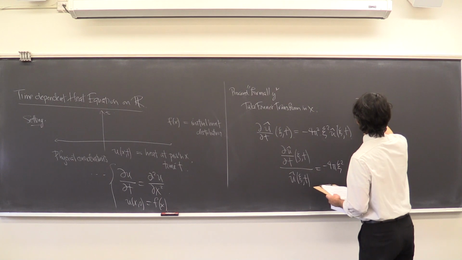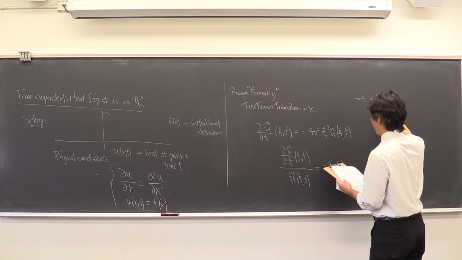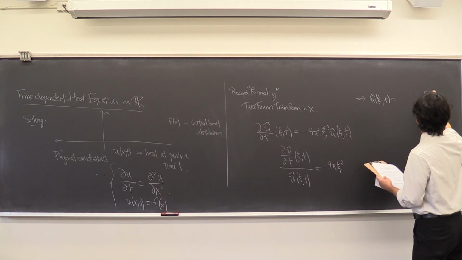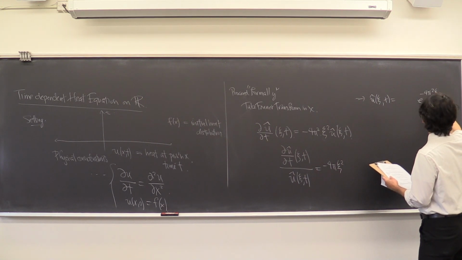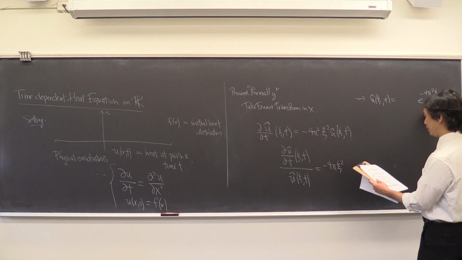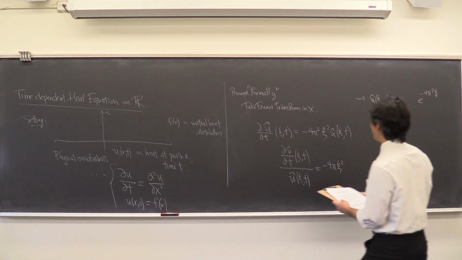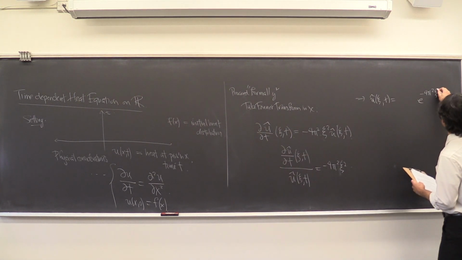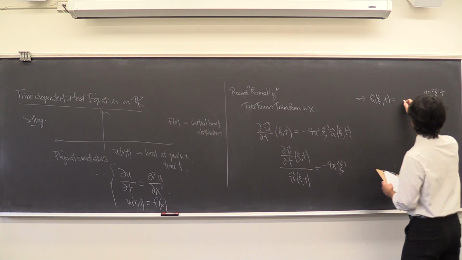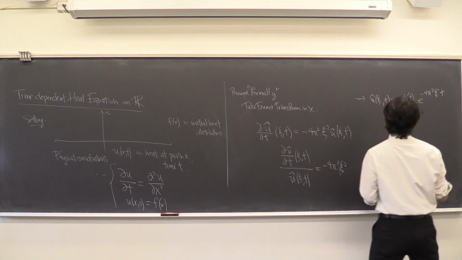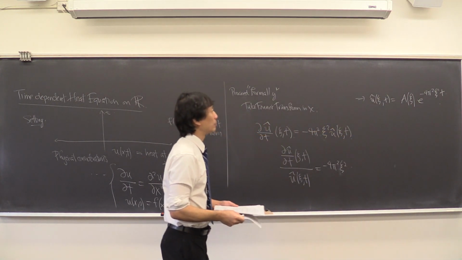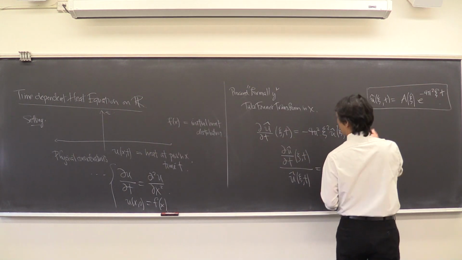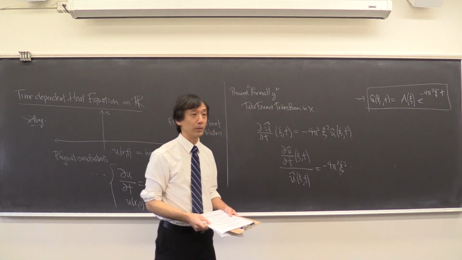So that yields that u hat must be of the form e to the negative 4 pi squared xi squared t, with some constant that depends on xi. So that's what happens to the partial differential equation.